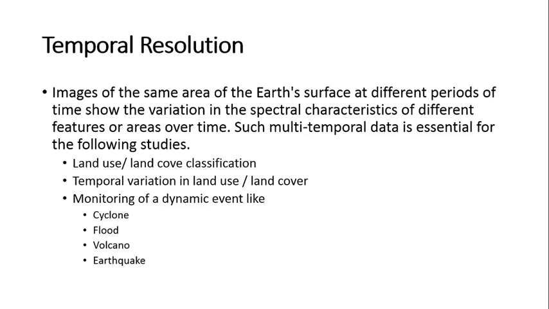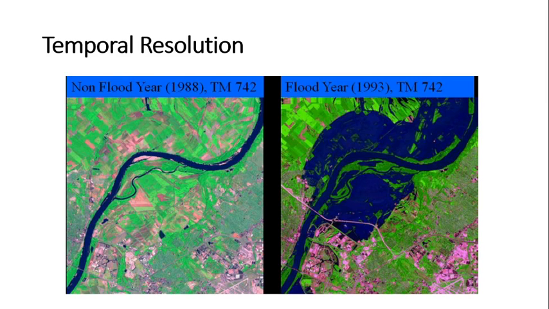Okay. When we monitor different events, take the satellite image I am showing you: the images before and after a flood event help us identify the areal extent of the flood during the progress and recession of the flood event.